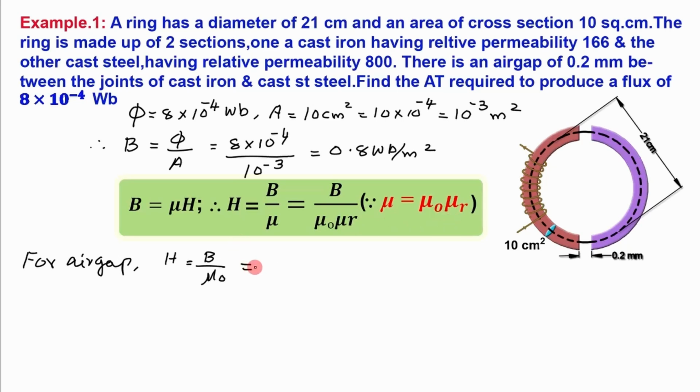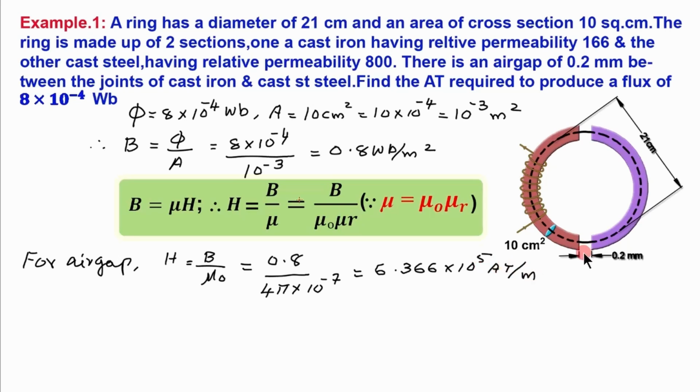This is equal to 0.8 divided by mu 0, that is permeability of air. We know that it is 4 pi into 10 raised to minus 7. This gives 6.366 into 10 raised to 5 ampere turns per meter.